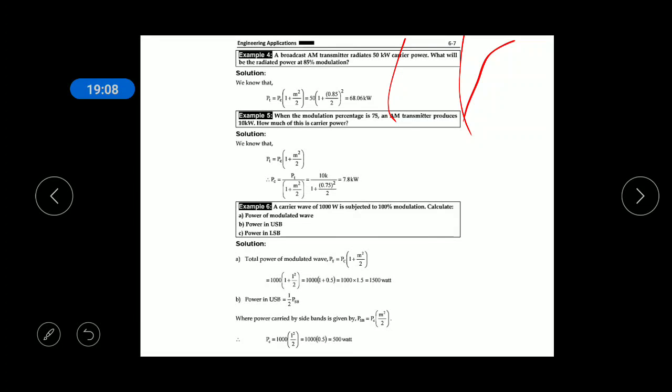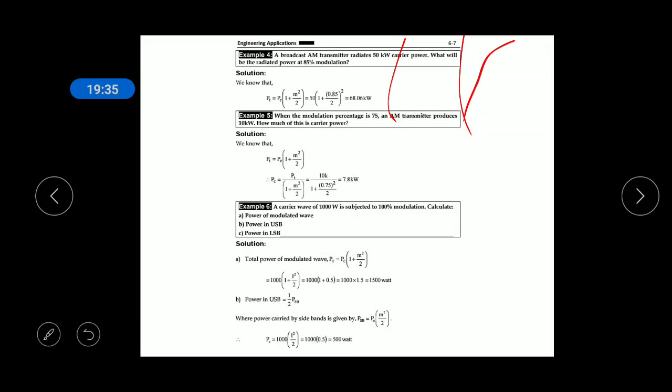Example 5. When modulation percentage is 75, an AM transmitter produces 10 kilowatts. How much is of this carrier power? So in the fifth problem, you are asked to find out carrier power when Pt and m are given.